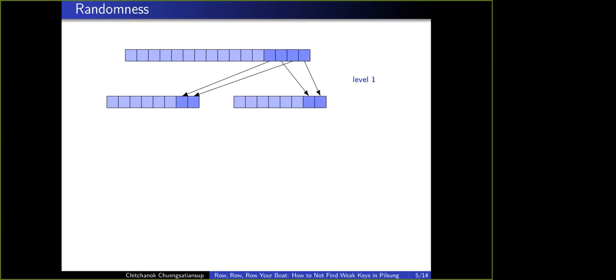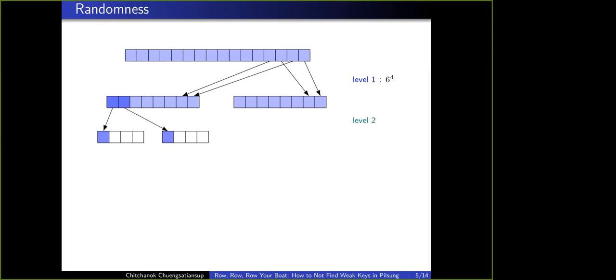If we look at the total number of permutations that can be produced by the first level of shuffling, it uses 4 bits having 2 ones and 2 zeros. There are exactly 6 ways to represent this, and we have 4 sets of those. Therefore, in total, there are 6 to the power 4 permutations produced from level 1.